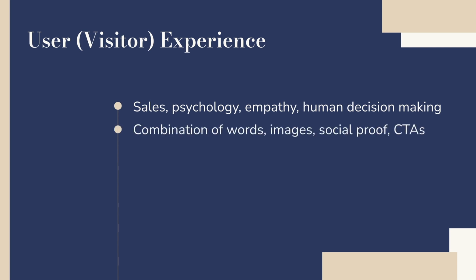But it's a combination. It's more than words. It's what image, and then what headline, and then what call to action. And when we use social proof, is it with a picture? Is it with a name? Is it just a testimonial? Is it so many different ways that we can do this? Ultimately, you're painting a picture of what life will be like, business will be like after somebody engages, buys, joins.